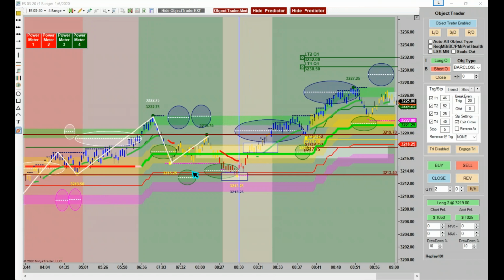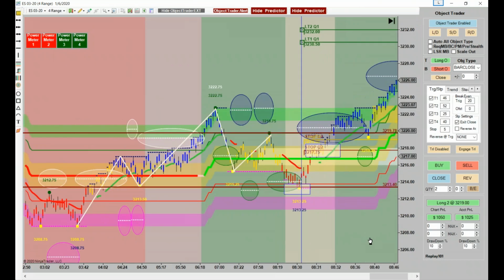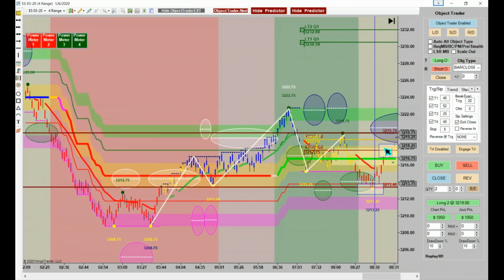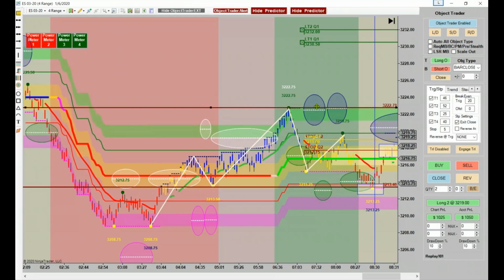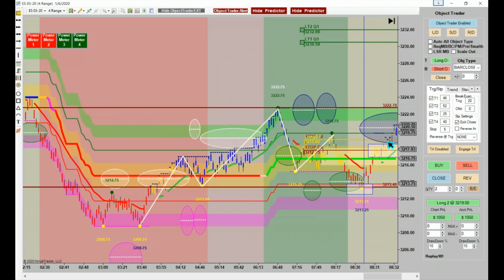Now personally, I don't like 1 contract simply because let's look at this chart right here. Let's say that you went 1 contract out of this thing. You said, you know what, if it hits right here, it's probably going to pull back, so I'll just take some coin. So let's say that you got filled right here at 19, and you're going to take it out at 22.75.